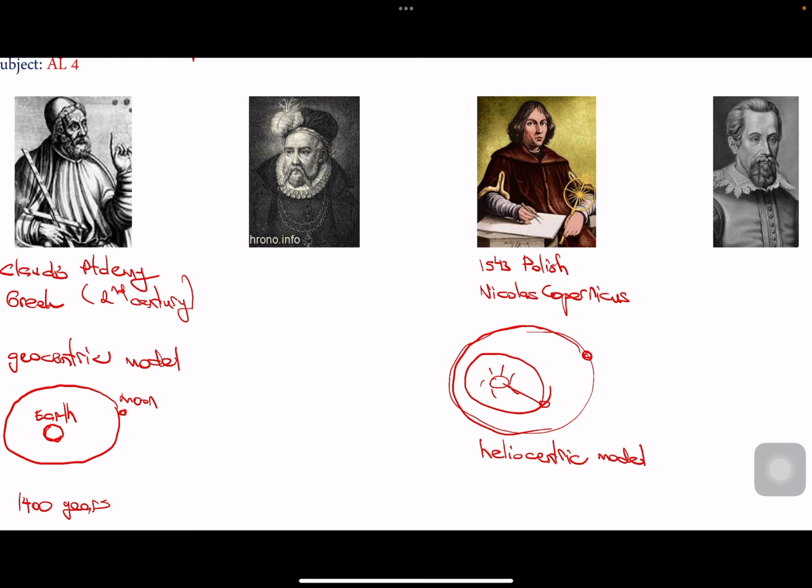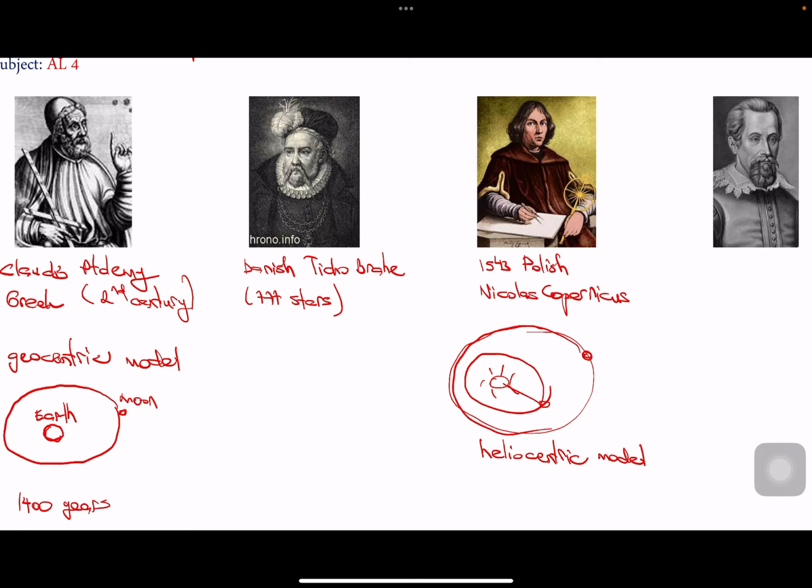And after him, the Danish astronomer Tycho Brahe made measurements and calculations about 777 stars that were visible to the naked eye.